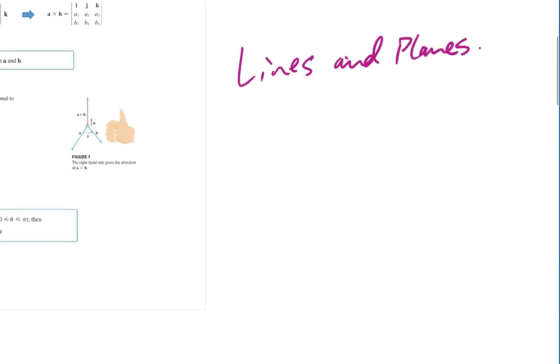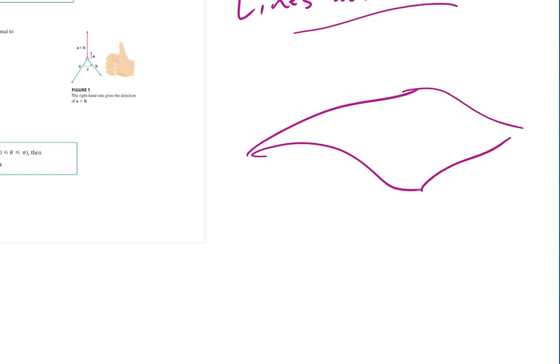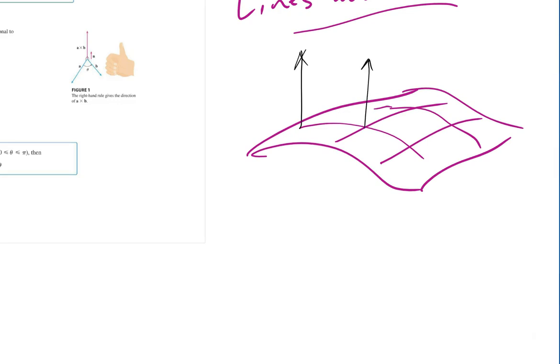But mostly, where this is going to come in later is with the area of a surface. So we're going to take a surface and cut it into a whole bunch of pieces, like a mesh here. And the area of the surface is going to come from the cross product of vectors on the surface.